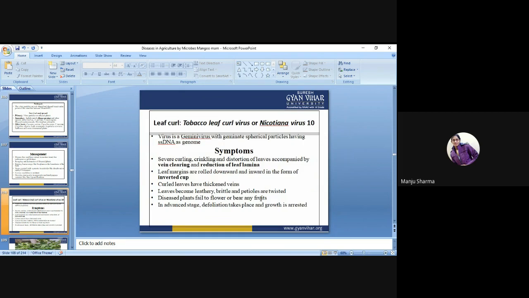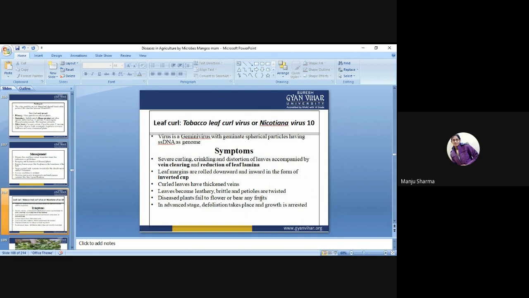Then the leaf curl disease of papaya, which is caused by tobacco leaf curl virus or Nicotiana virus 10. The virus is a geminivirus with geminate spherical particles having single-stranded DNA as genome.